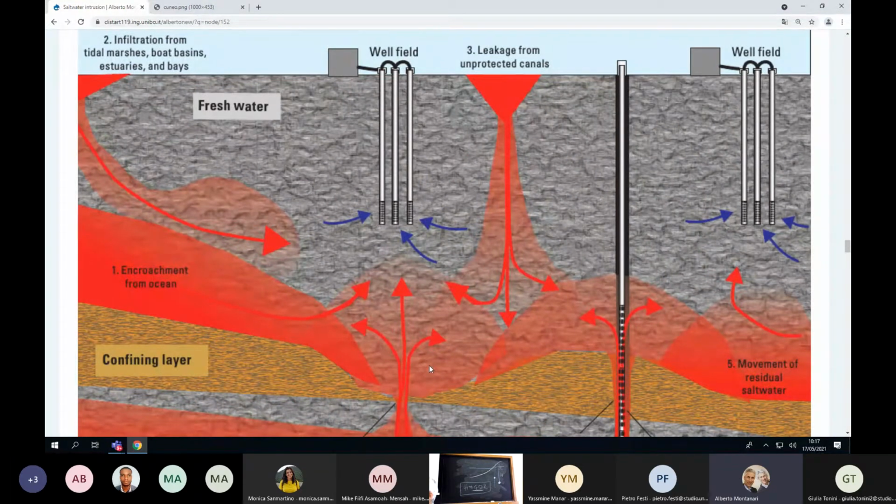You may have saltwater intrusion from overpumping, but it also shows that the saltwater intrusion may happen through surface water, meaning that if you get rivers that flow into the sea getting salted, and the reason may be that you reduce the river flow for some reason, you may get the salt water intruding into the rivers and from the rivers infiltrating into the ground.